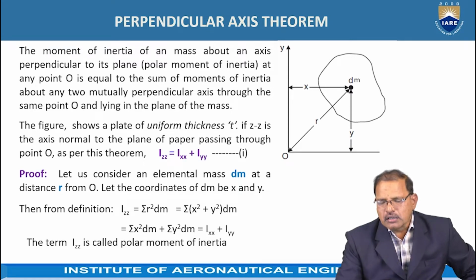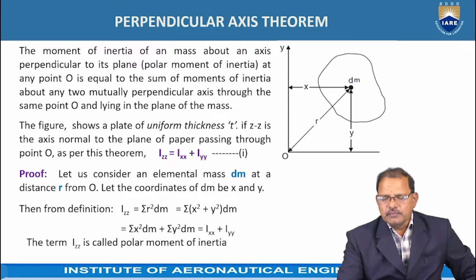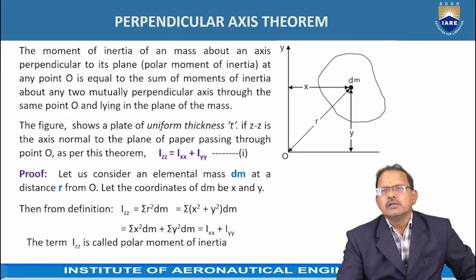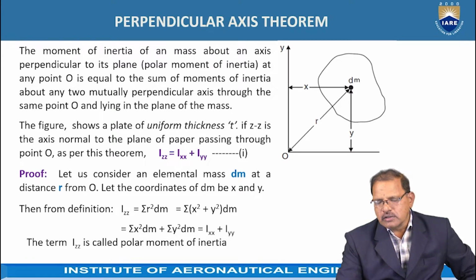Here we are taking dm representing the mass of the body, which is at a distance x from the y-axis and y from the x-axis, as shown in the figure.